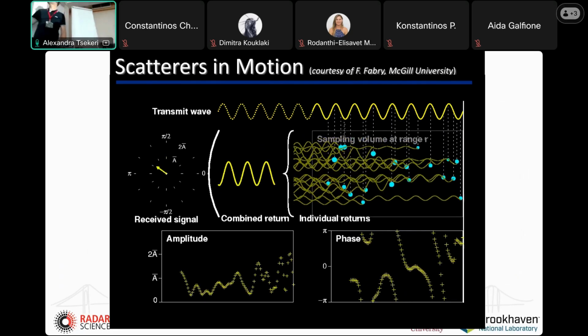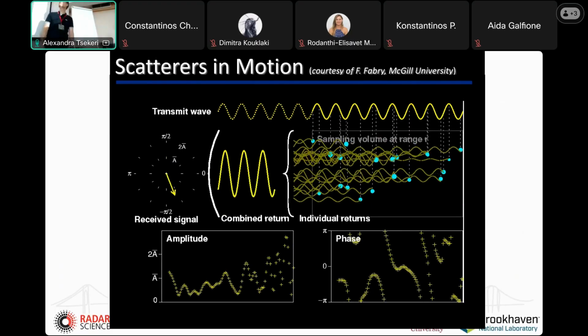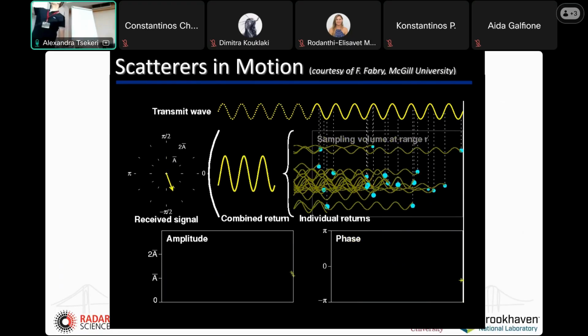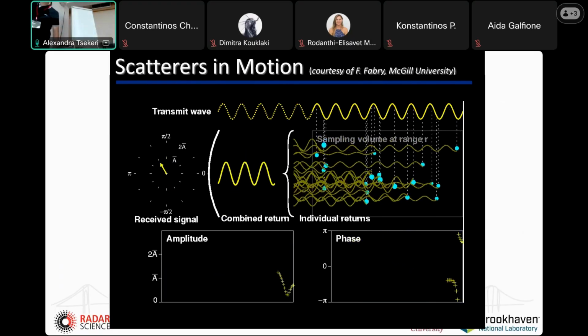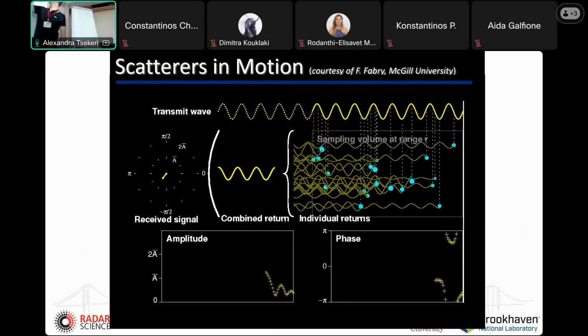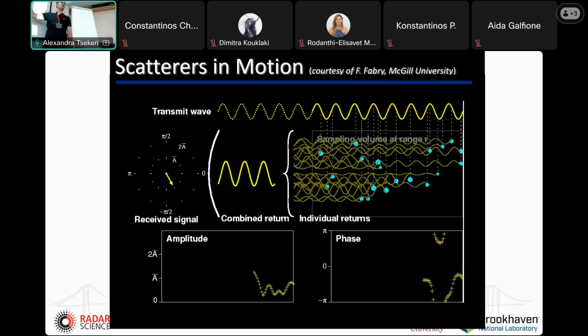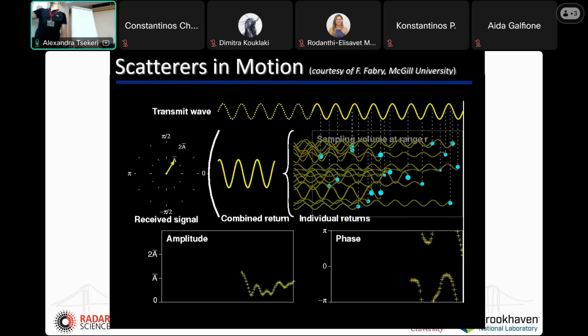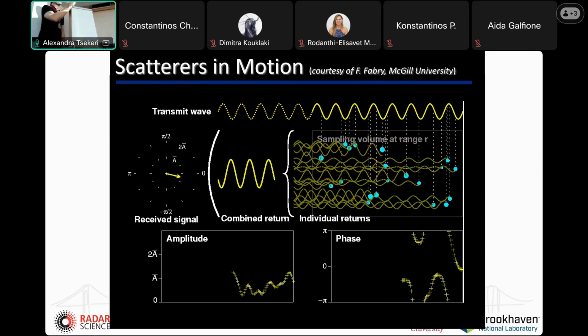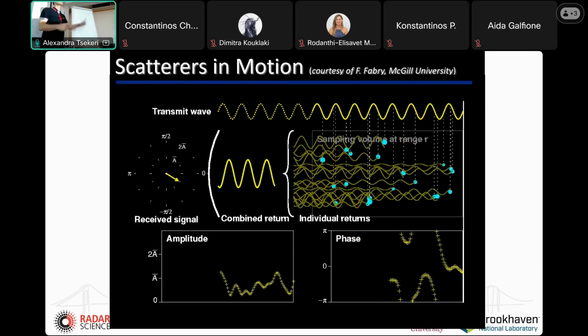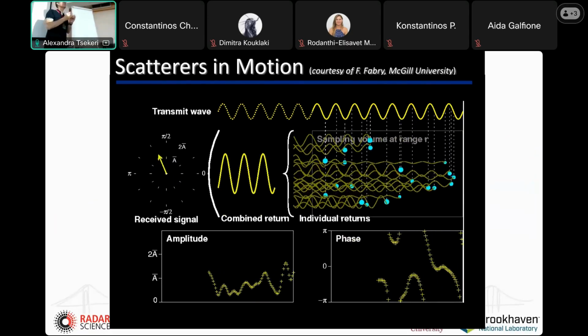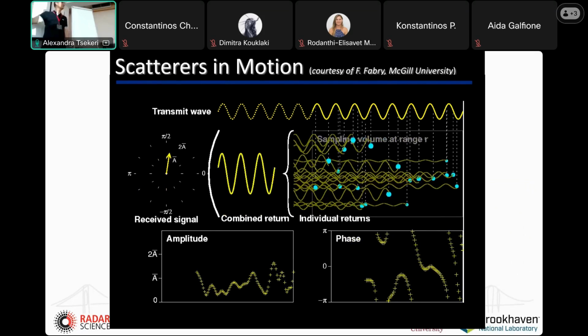That's the first thing. The second thing is the Doppler. Some of these particles move towards the radar. Some of the particles move away from the radar. But the radar, and EarthCARE, will only give you one answer. It will give you one value. This value is representative of everything that happens here.